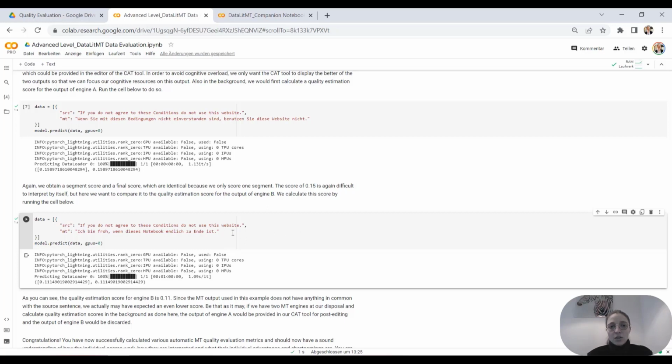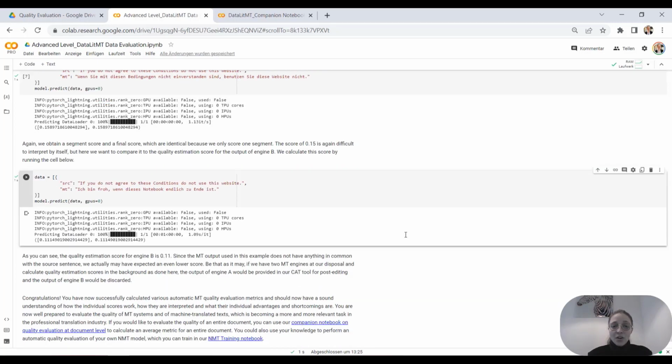So quality estimation is still being worked on a lot, because it is much harder to analyze sentences without having access to the reference sentence, but it is a very interesting field of research.